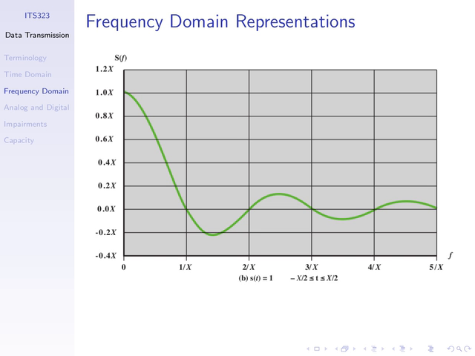Going back, here's a plot of a signal in the frequency domain. What is its bandwidth, or absolute bandwidth? Well, it ranges from 0, and in fact, here it goes up to 5 over x. In fact, it keeps going. The plot finishes here, but this signal, you can imagine, keeps getting smaller, but never reaches 0.